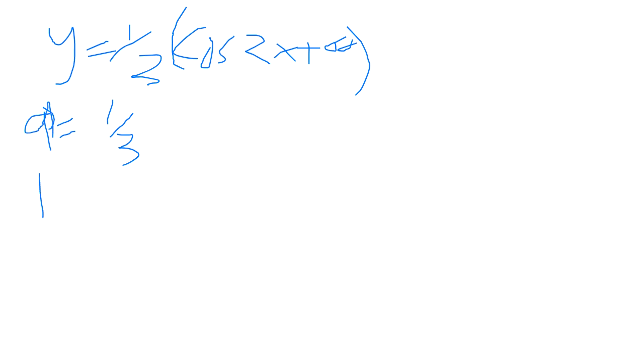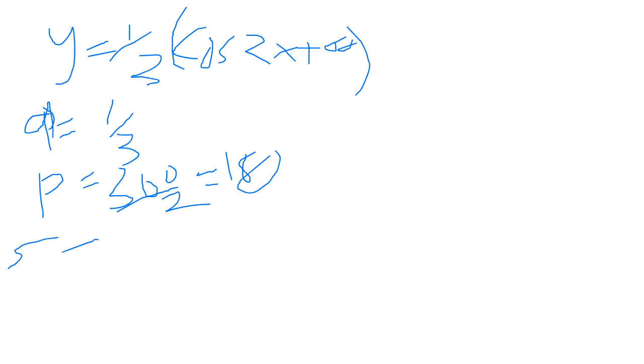Our period is 360 over 2, which is 180. Sorry for my writing. My step is 180 over 4, which is 45.